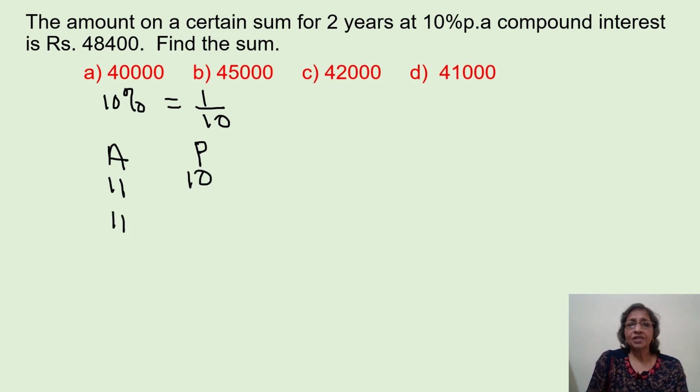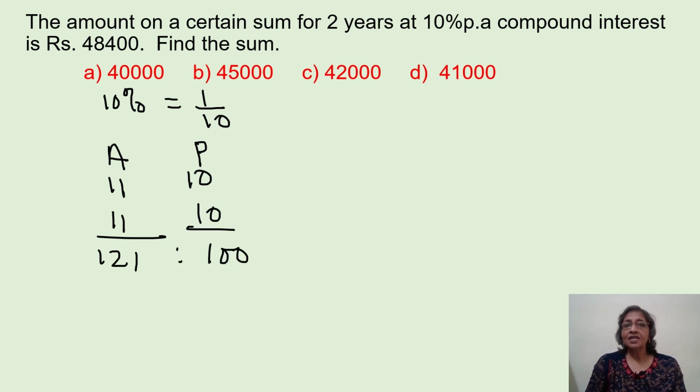Now this is for 2 years. So I get the ratio as 121 is to 100. Do I need to find the compound interest? No. So we can directly put the value of the amount here, 48,400. So how much?